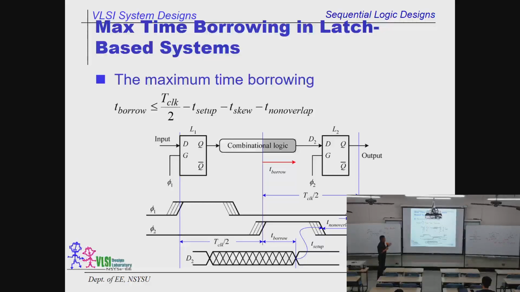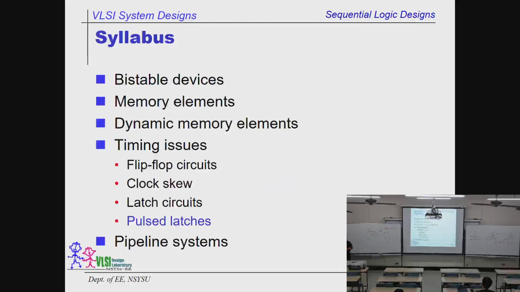For the edge trigger, it cannot be done. We can do the computation for the first half over here, and this is for the second one, and this time we can borrow. This is only allowed in the latch-based system. But as I said, no one ever used it.